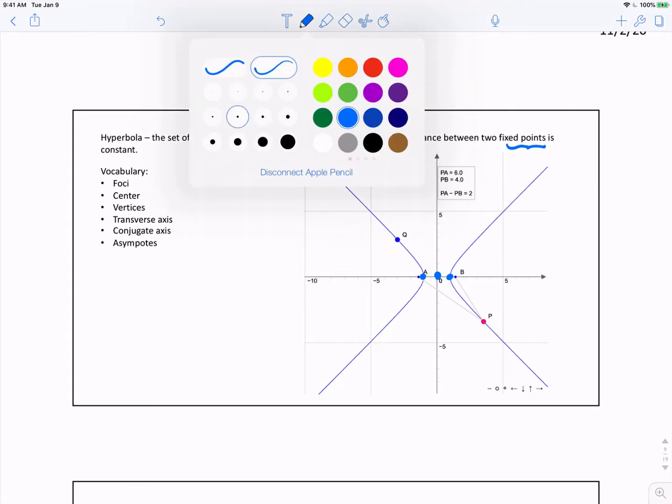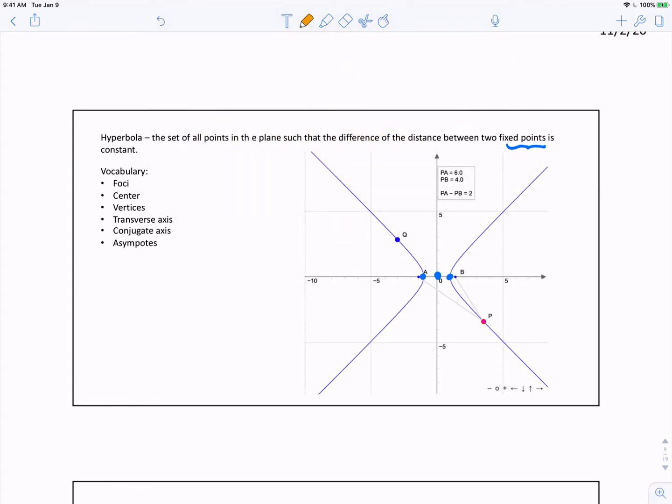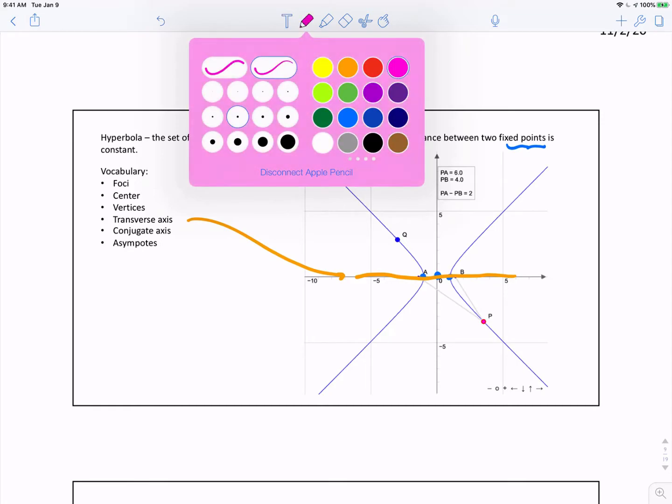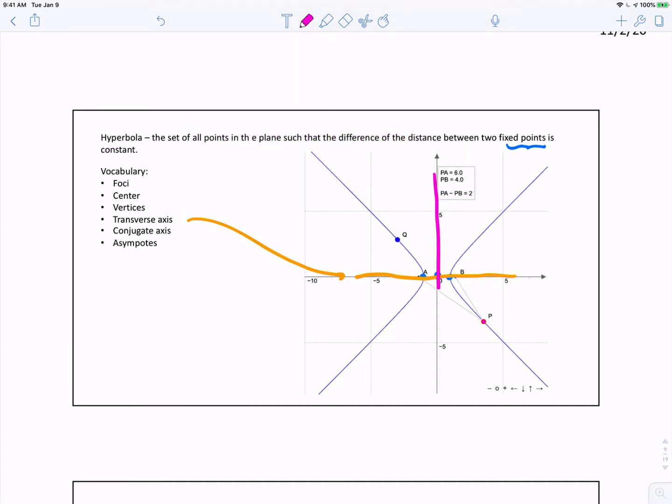So the axes are lines which divide the graph in half. So the one that goes through the vertices, that would be the transverse axis. Okay? And then the one that goes between the parts of the hyperbola, this one here, that would be called the conjugate axis.